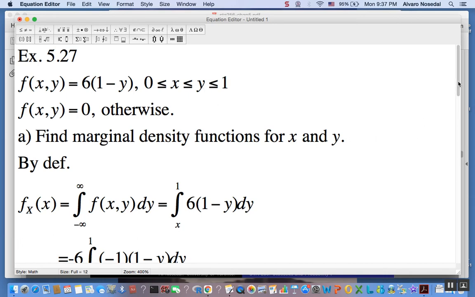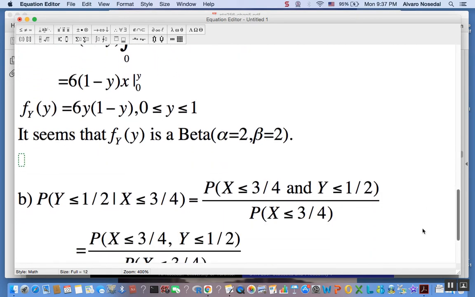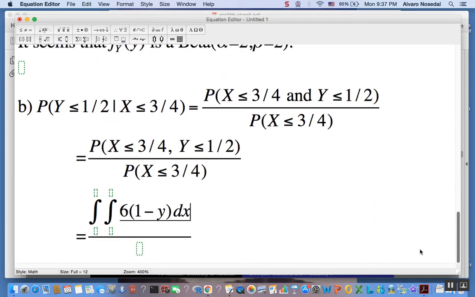From 0 to y, and x and y, that one goes from 0 to 1/2. Okay? Make sense?